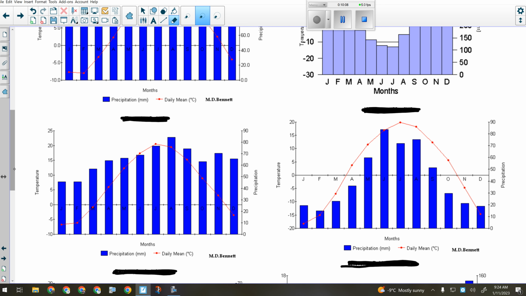Would this one and this one go together? Definitely not. They're significantly different as well. This one, look how cold it gets. In January it goes down to between -15 and -20, but in the summertime it's way up by 20. And the rainfall follows the temperature.